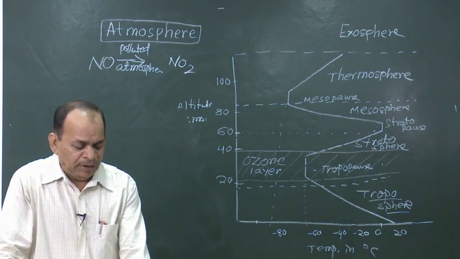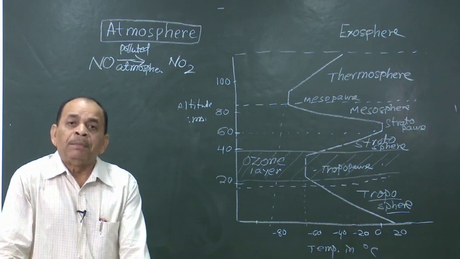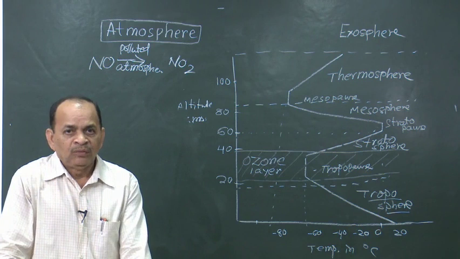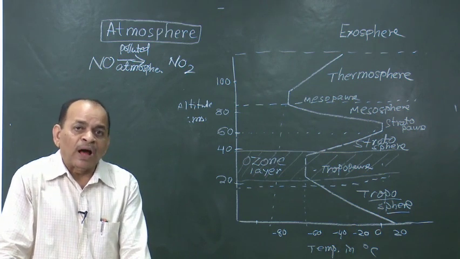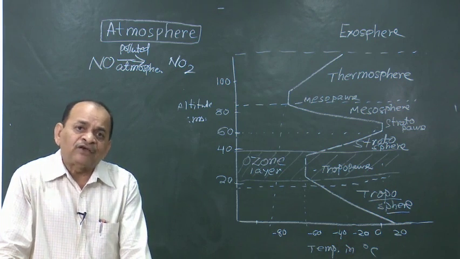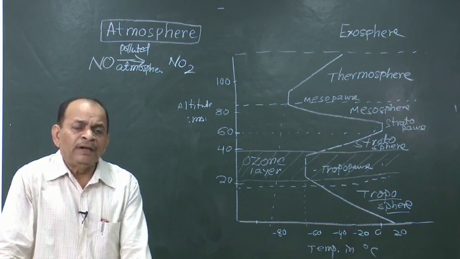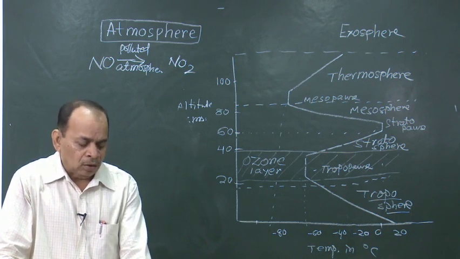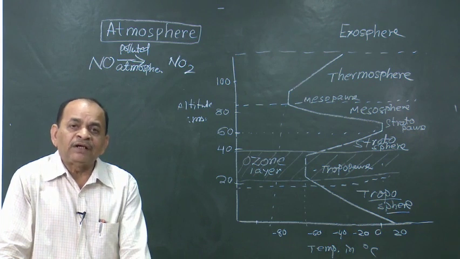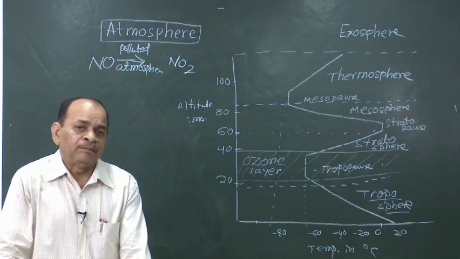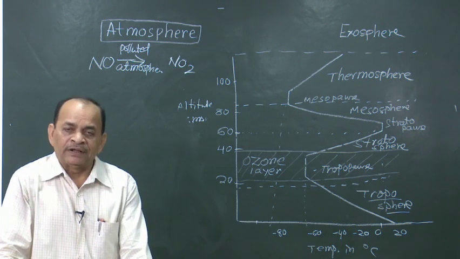Mesosphere is characterized by the presence of negatively charged ions along with free electrons, and hydrated positive ions. So, that is the characteristic feature of mesosphere.